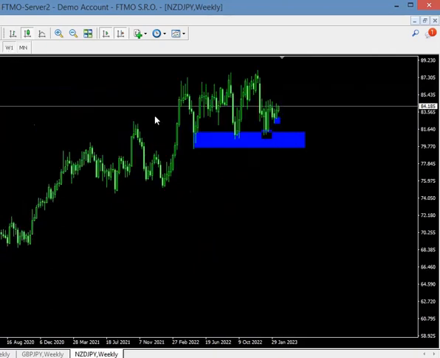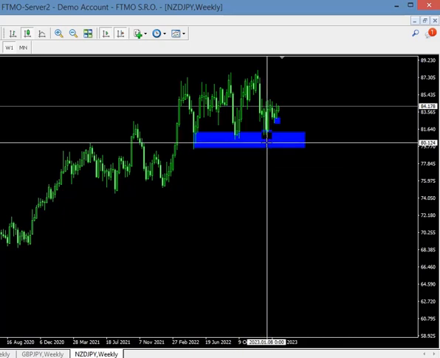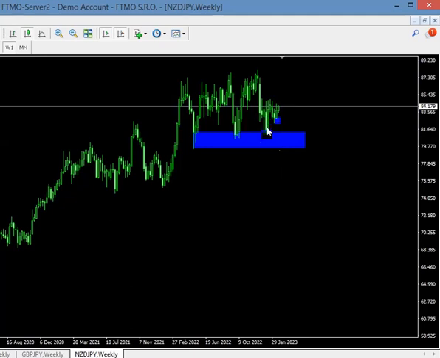But we will zoom in. If we zoom in to the weekly chart, it has clearly been consolidating since 1st of January to this week. So clearly it has been consolidating for a while. So what we are going to do, as always, we are going to mark those zones at the 80.94.